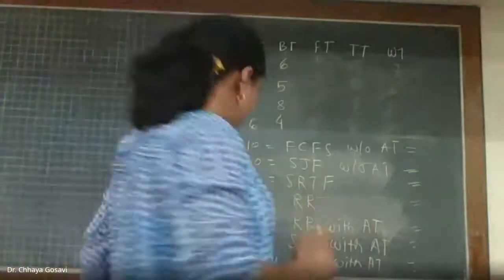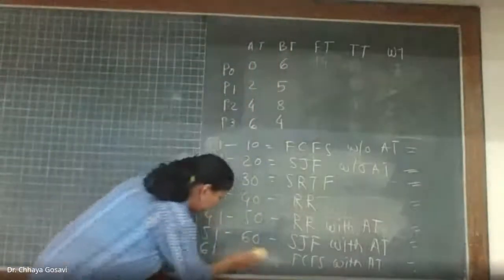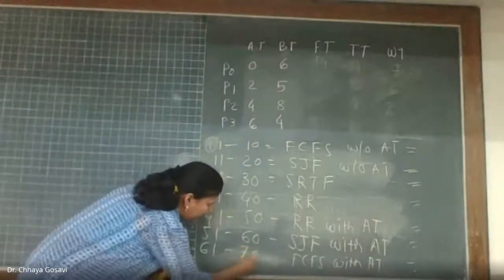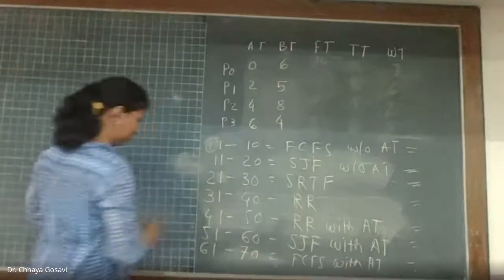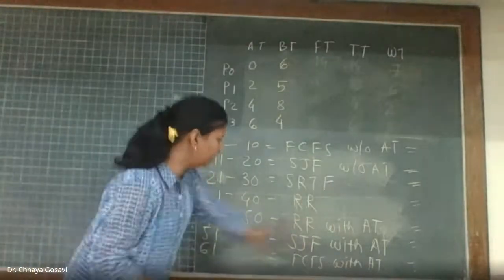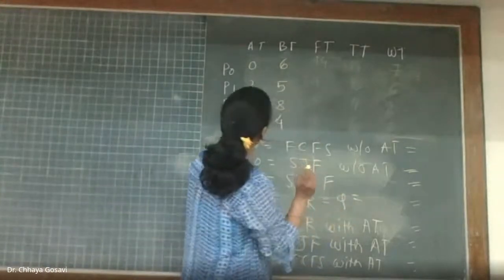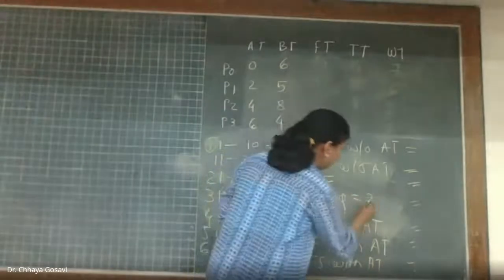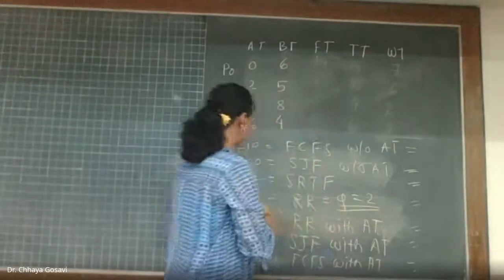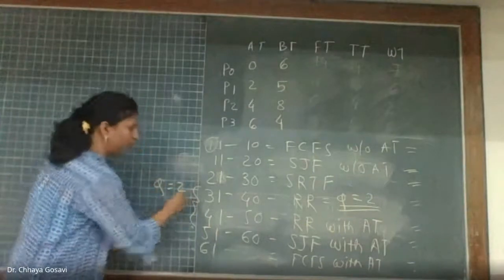From 61 to 70, do FCFS with arrival time. Here consider quantum 2 for round robin. For both these algorithms, consider quantum 2.